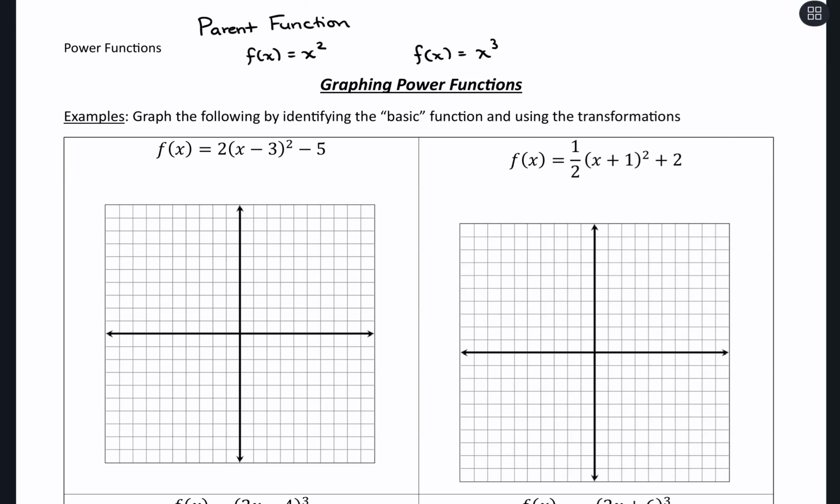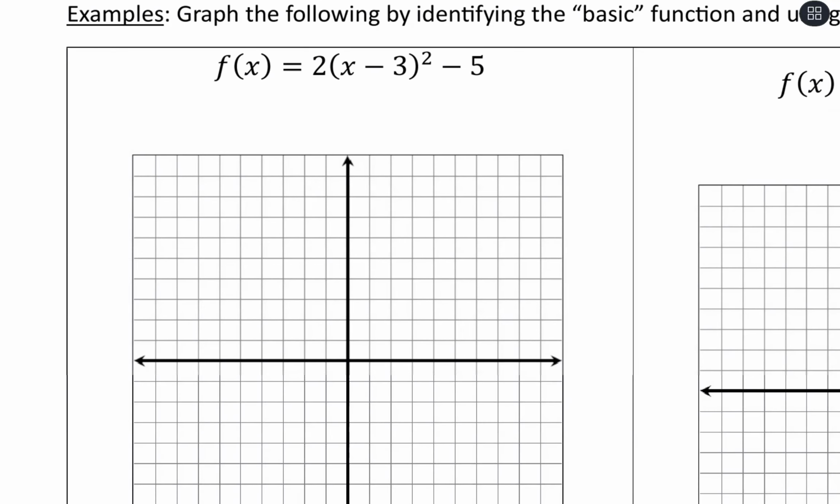So let's start with looking at some quadratics, which we've graphed before, and in following videos we're going to do so much more with quadratics again. But just to get started with graphing and thinking in terms of transformations. So the vertex is going to be affected by our horizontal and vertical shift.